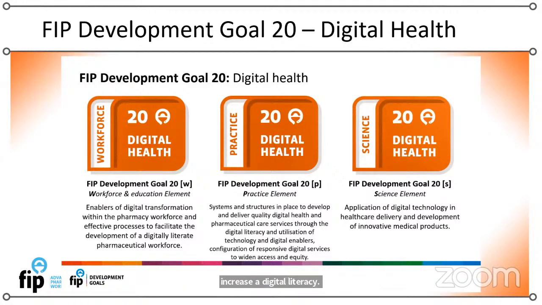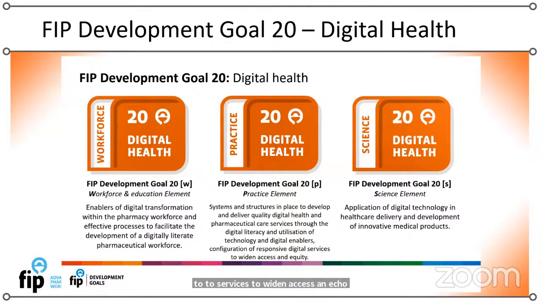The practice element concerns systems and structures in place to develop and deliver quality digital health and pharmaceutical care services through the digital literacy and utilization of technology and digital enablers, and configuration of responsive digital services to widen access and equity.